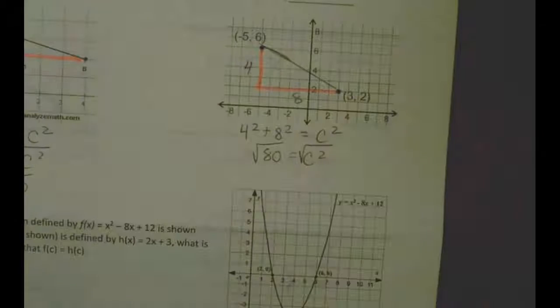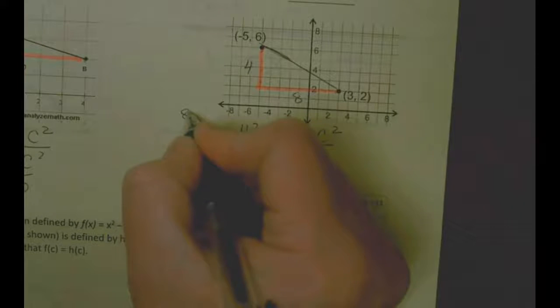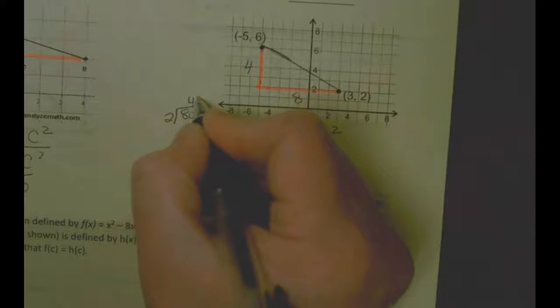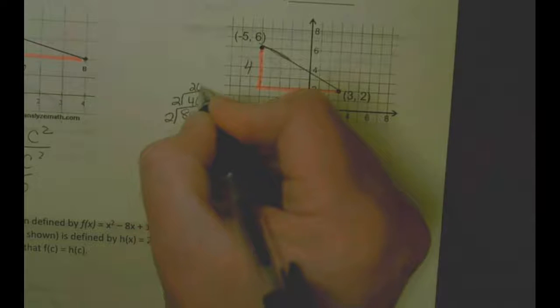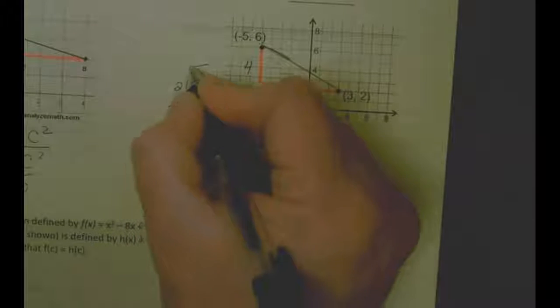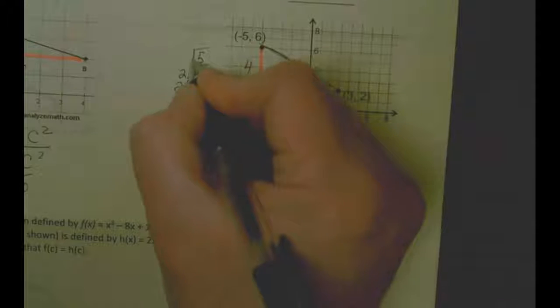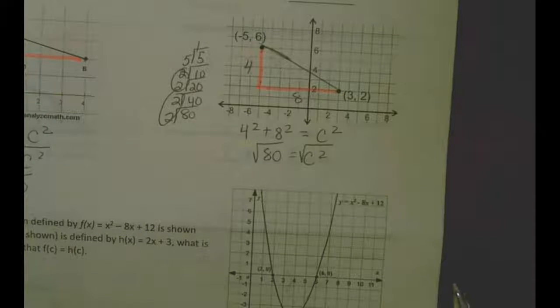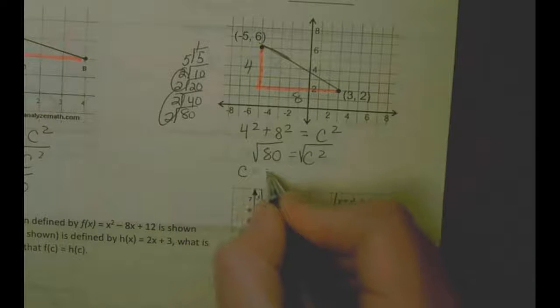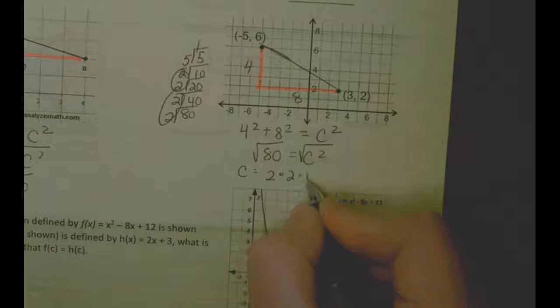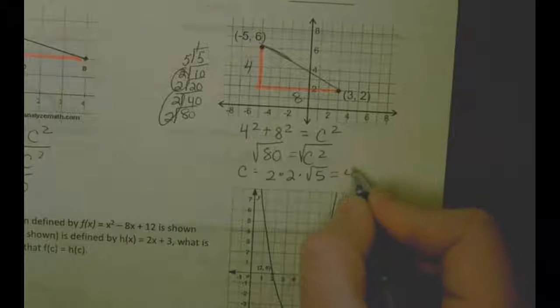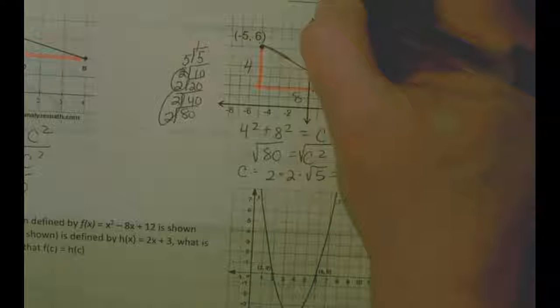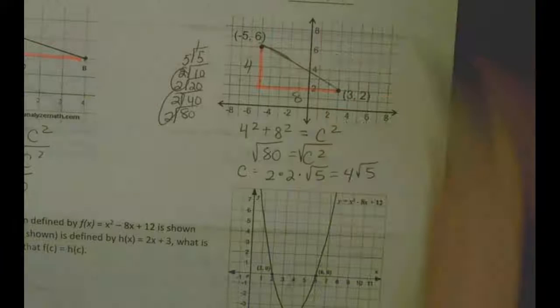You would take the square root of both sides and do a box problem on 80. A pair of 2's and another pair of 2's and a 5 left over makes this distance 4 square roots of 5.